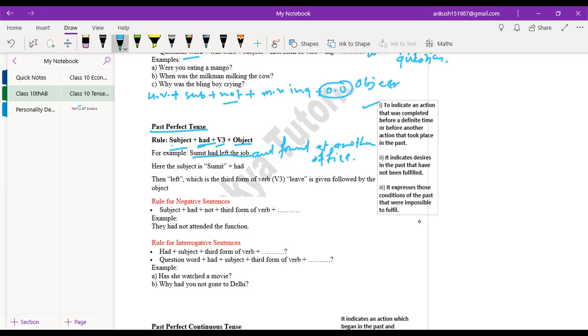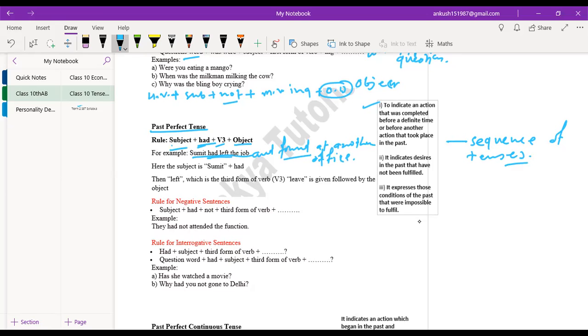Means the leaving action happened first, after that the finding action happened. So this is also called a sequence of tenses. Understood? The action which was done first will be written first, and after that the later action will be written.